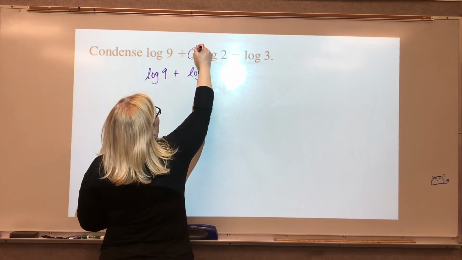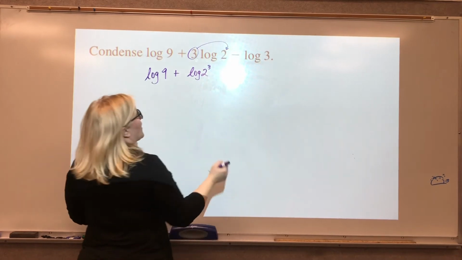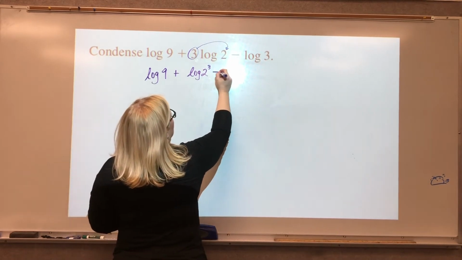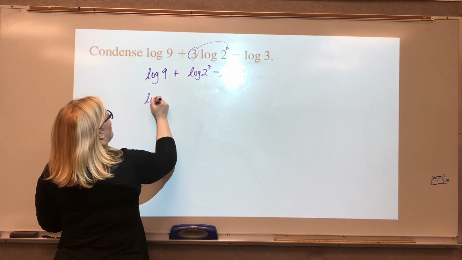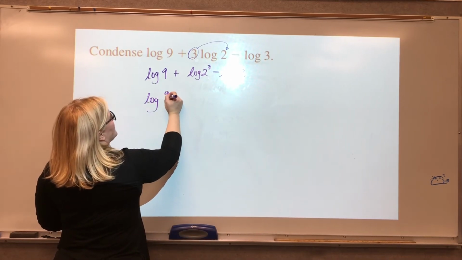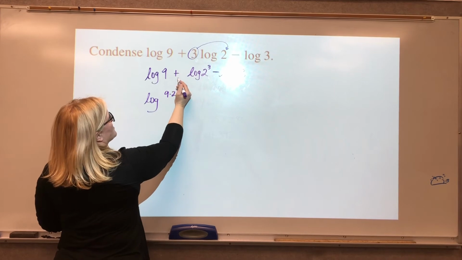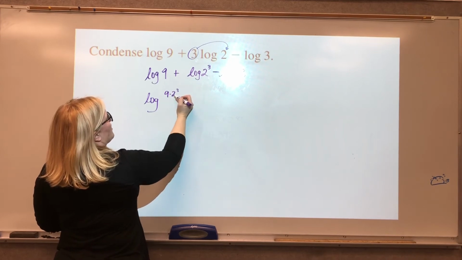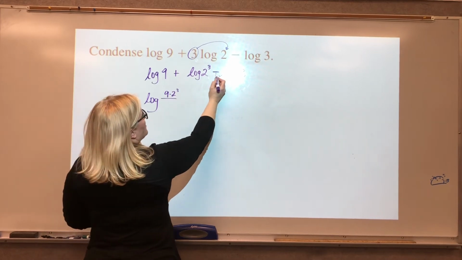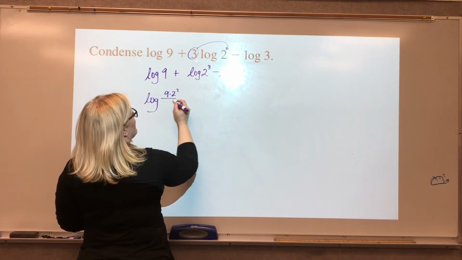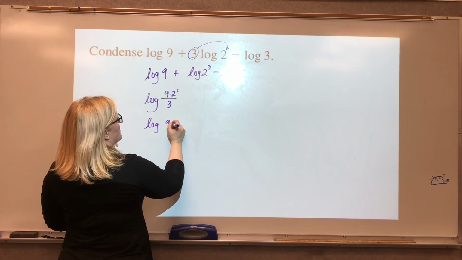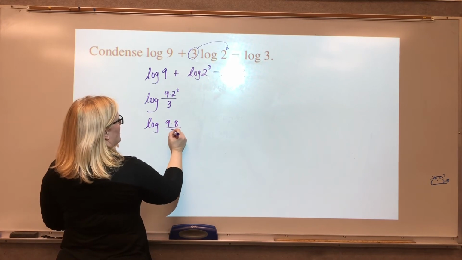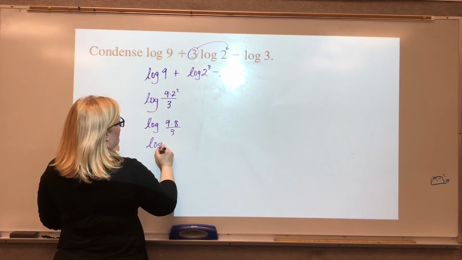This one is out front. Now I'm going to bump it back over to here when I'm condensing. Minus log 3. So what I've got here is log of 9 times 2 to the 3rd, right, because it's being added. So I put them together and multiply. Divided by, we've got the minus here, 3. So this is log of 9 times 8 over 3, which is log 24.